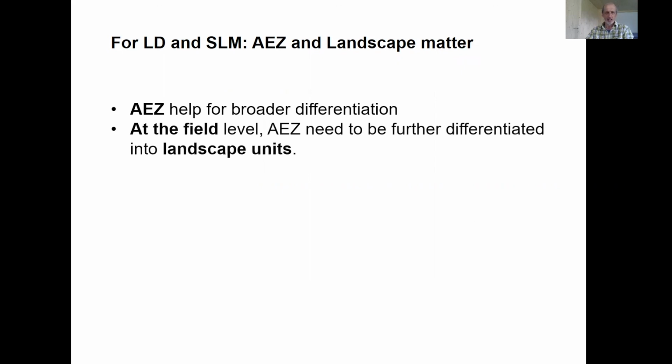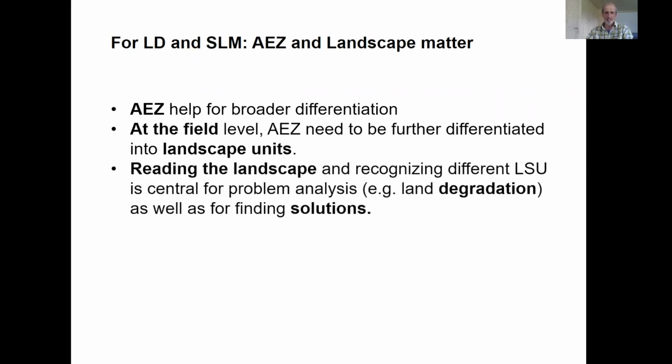At the field level, however, agroecological zones need to be further differentiated into landscape units. Reading the landscape and recognizing different landscape units is central for problem analysis, for instance, land degradation assessment, as well as for finding solutions.